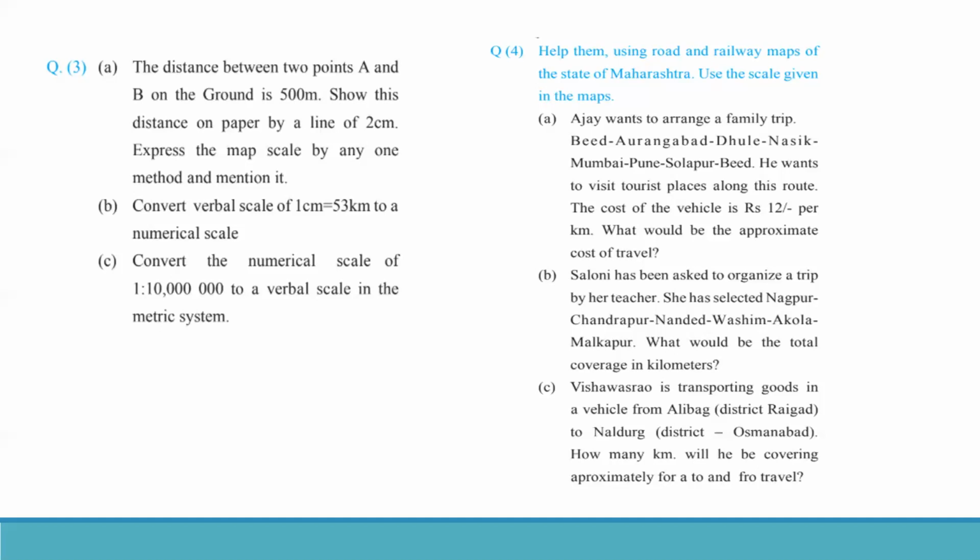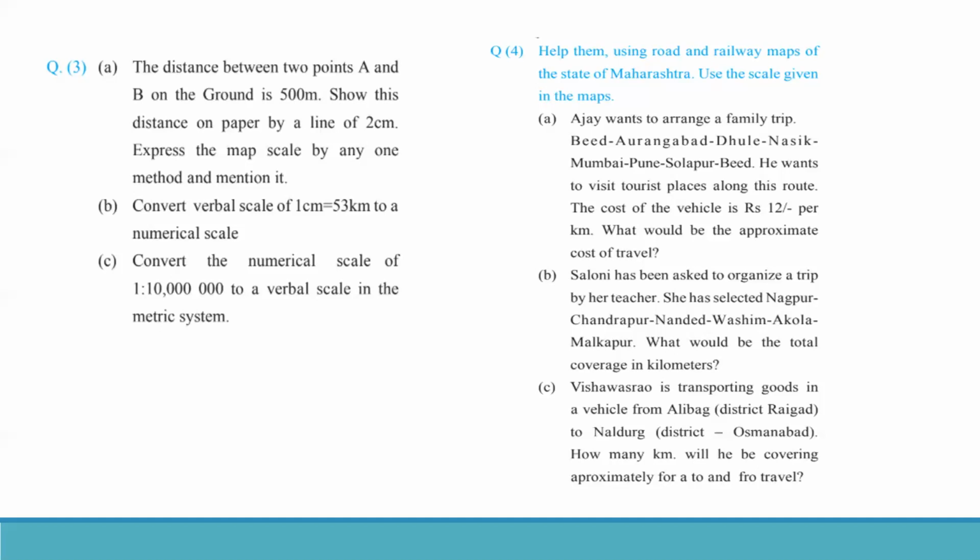And the third, convert the numerical scale of 1 is to 10 crores to a verbal scale in the metric system. Now here it is 10 crores: units, tens, hundreds, thousands, 10,000, lakhs, 10 lakhs and crores. So now let us see. See, 1 lakh centimeter is 1 kilometer.